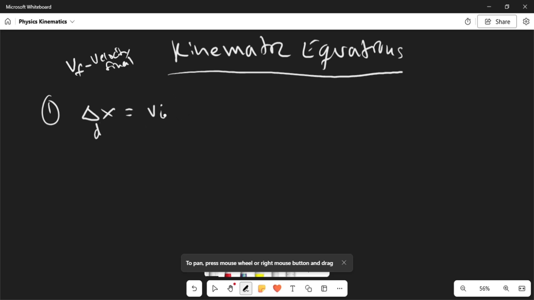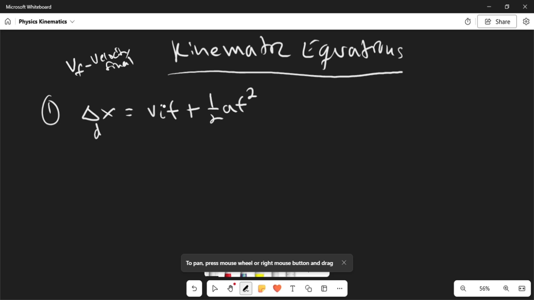So then you multiply the velocity initial times the time, and then you add this to 1/2 acceleration times time squared. Okay, for free fall problems, we will not need this part right here.